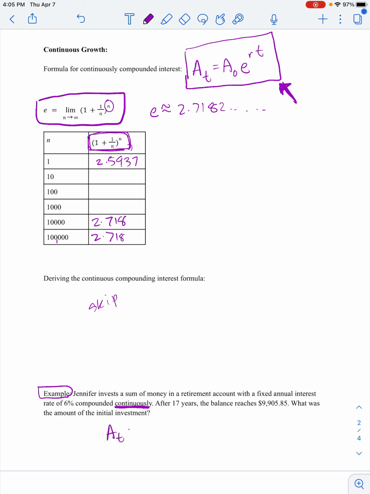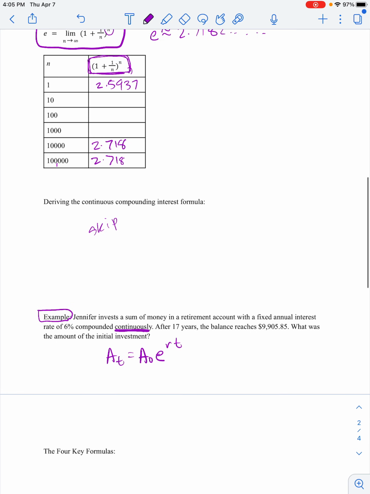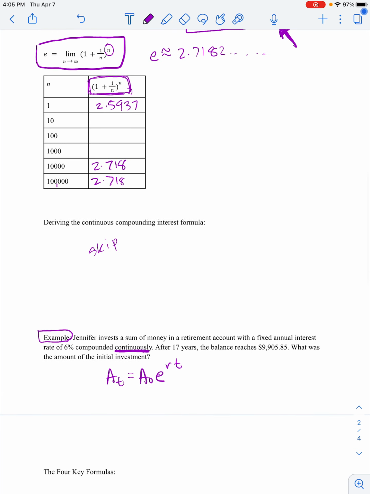So A of T equals what her initial amount was. Or let's just start with our formula. We know we're going to have to use this one. Okay, we know the interest rate is 6%, so we can fill that in for R. We know that we don't know the initial amount, so I'm going to leave that.